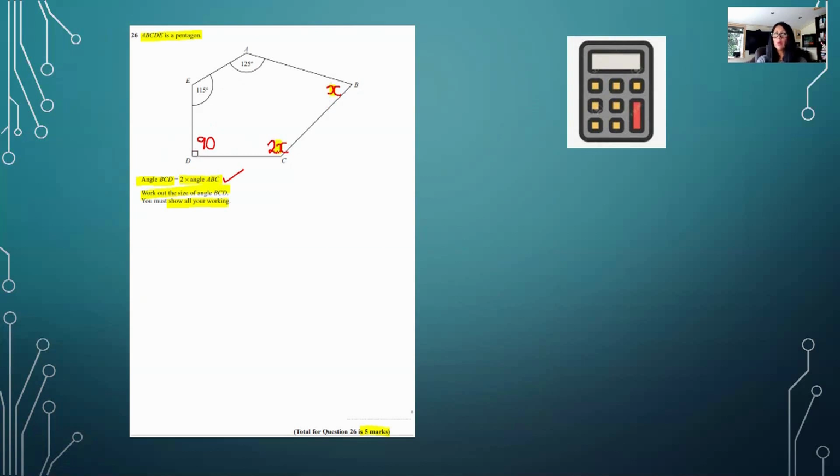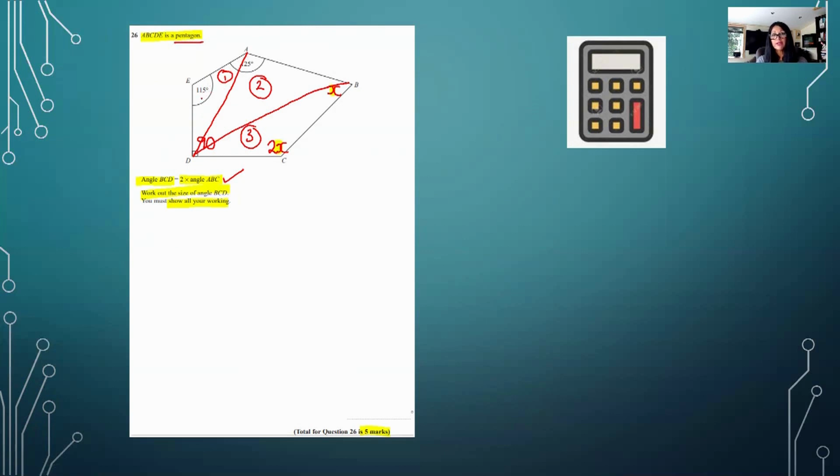But we need to know what those angles actually add up to in a pentagon. A pentagon is a type of polygon, and a polygon can be split into triangles. So this pentagon here can be split into 1, 2, 3 triangles. Think back to your angle facts: the interior angles of each triangle add up to 180 degrees.